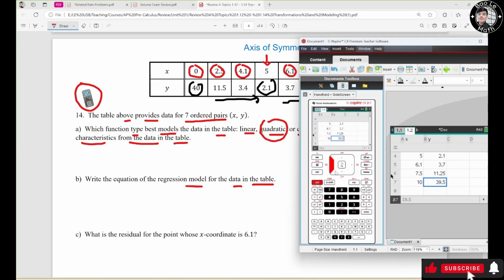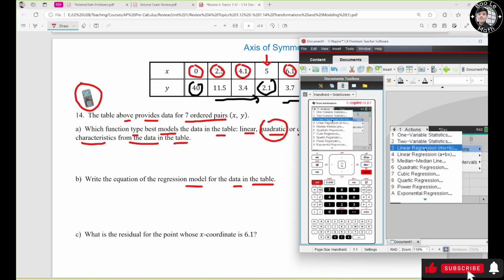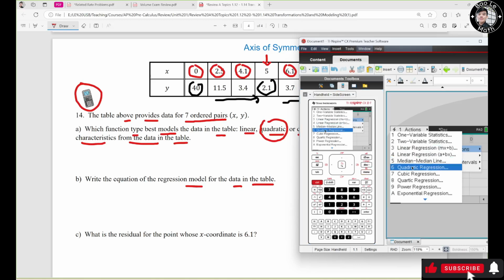Now I need to input the values for the table, right? Alright, after you input the values for the table, you're going to move your cursor to the right of these two columns, so it should be right here. Now you're going to hit menu, number 4 right here, statistics. Number 1, stat calculations. And then you're going to find the quadratic regression, should be number 6 right here.